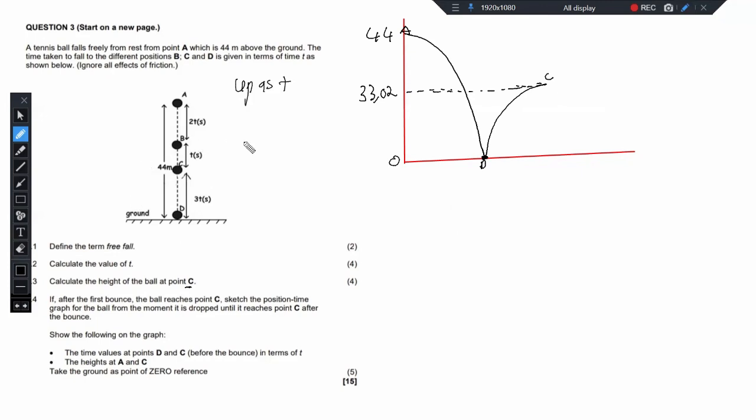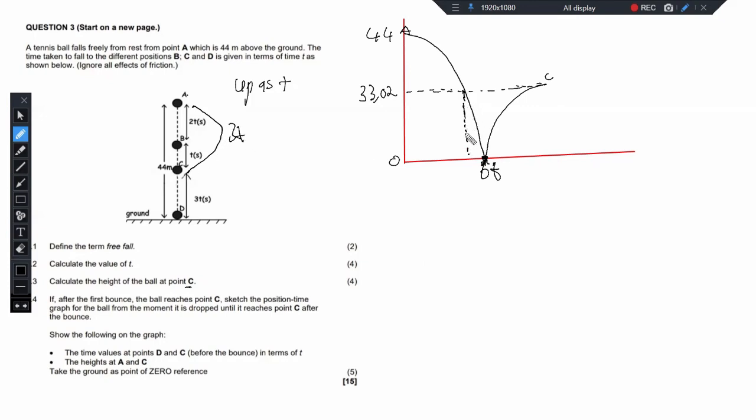But remember, we must show the time. So the time it takes from A all the way to D is 6t, right? So 6t. So let's just indicate that. So this is 6t. And now bouncing back to that point there, we will get that in between here, because from point A all the way to point C here, remember this is still on point C, the time taken here was the 2t plus t, which was 3t.